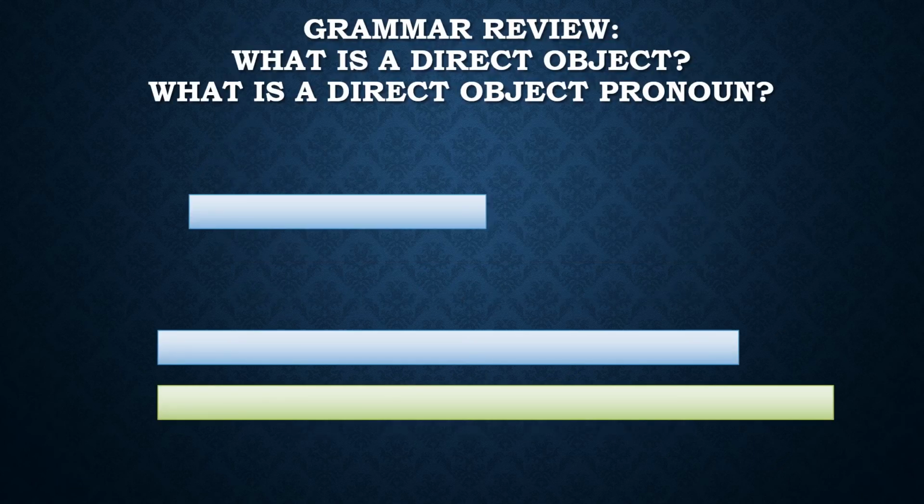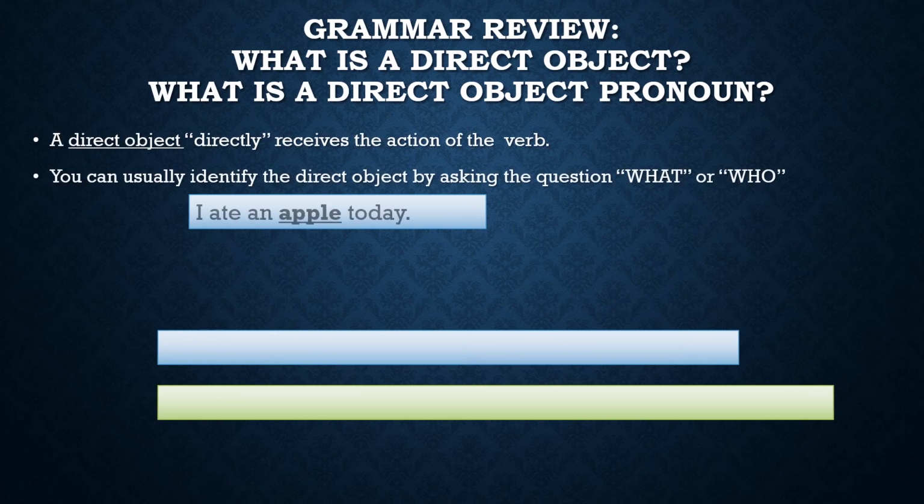Now, before we get into this grammar lesson in Spanish, let's quickly review what we already know from English. Sometimes it's helpful to do a quick comparison and then build on what we already know. So, what is a direct object? Well, let's look at this sentence. I ate an apple today. What did I eat?